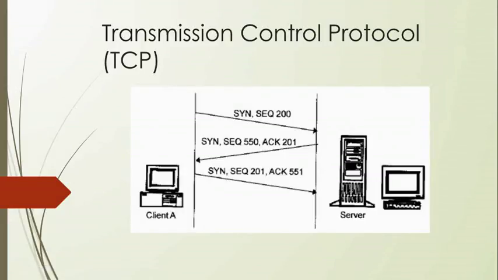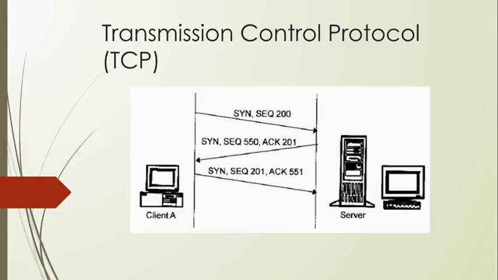So here is how the connection is established between client A and the server. First, client A sends a data packet or data frame with the sequence number 200. Then the server sends a data packet or data frame to the client's computer with acknowledgement 201 and a sequence 550.